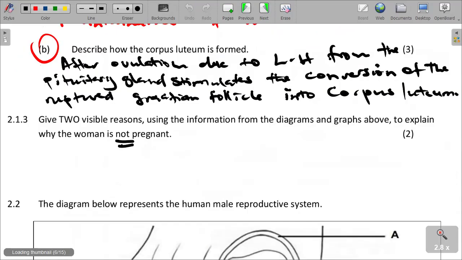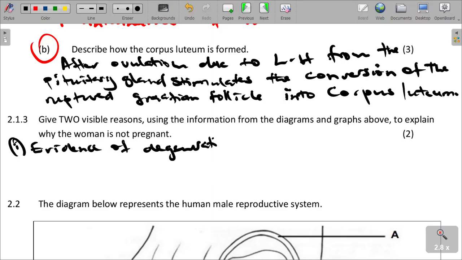One, the corpus luteum is getting smaller. There is evidence of degeneration of the corpus luteum.